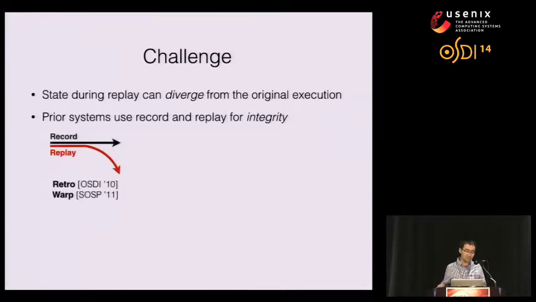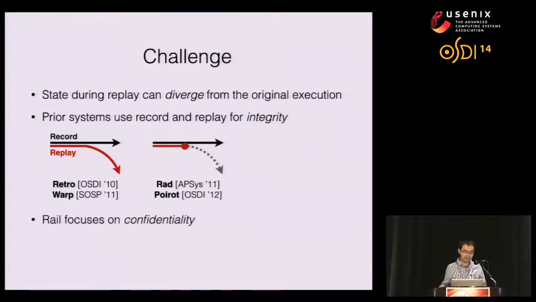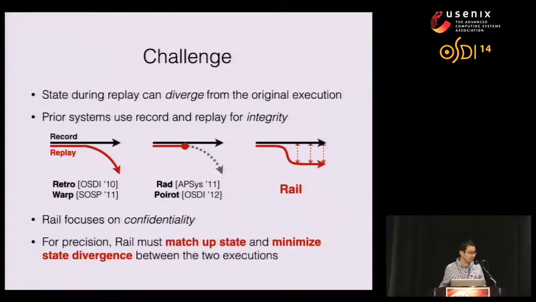So they either don't quite care about state divergence at all, or they stop re-execution right before the states start to diverge. In contrast, RAIL's focus is on confidentiality, and any state divergence could result in a report. So, for precision reasons, RAIL must match up the states and try to minimize the state divergence between the two executions.